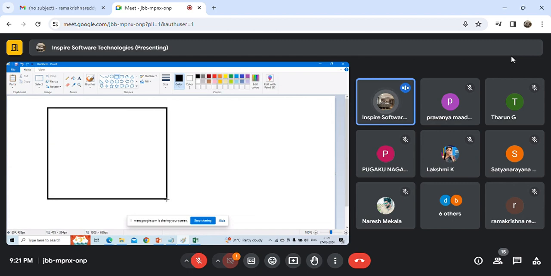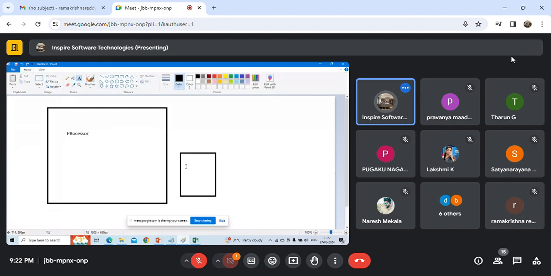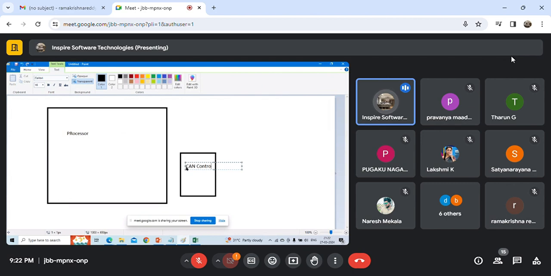Within this microcontroller you will have a CAN controller. Just for simplicity, I am putting it as a separate thing. Let's say this is a processor, this is a CAN controller. Within the microcontroller you have the processor. This CAN controller can be an external chip also, or internal. Both are possible, guys.